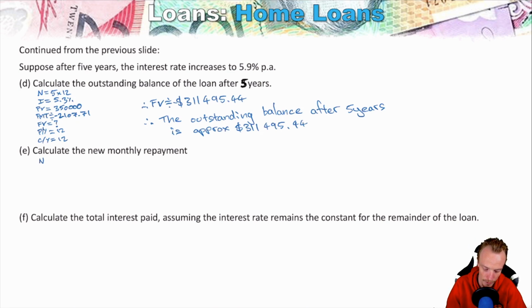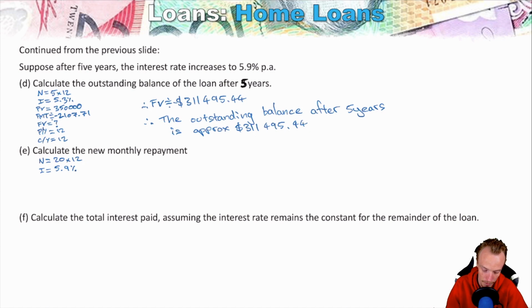So when we go through this, we've got to consider how much longer we've got on our loan. Now, the original loan was 25 years. We're 5 years into the loan, so there's going to be 20 years remaining, and we're still compounding 12 times per year, so compounding monthly. The interest rate, well, that's changed, so that's now 5.9%.